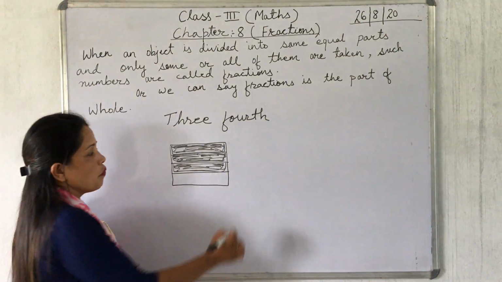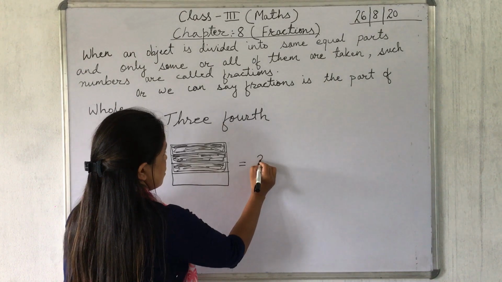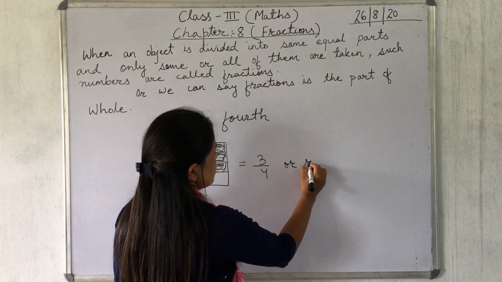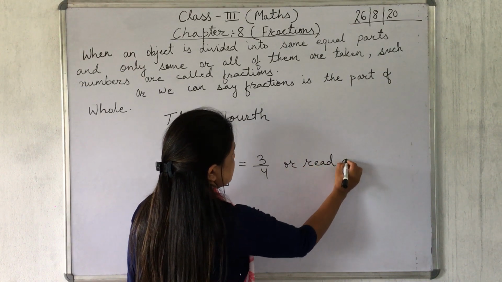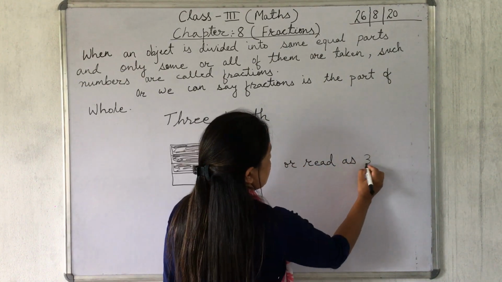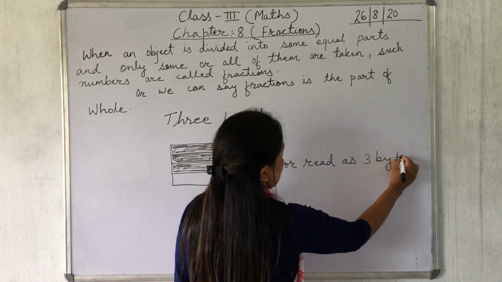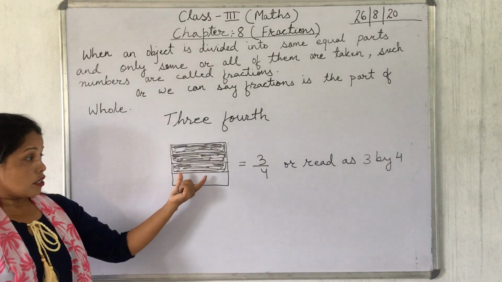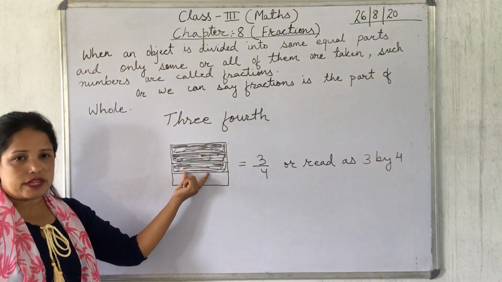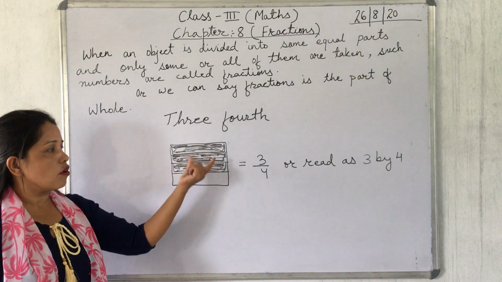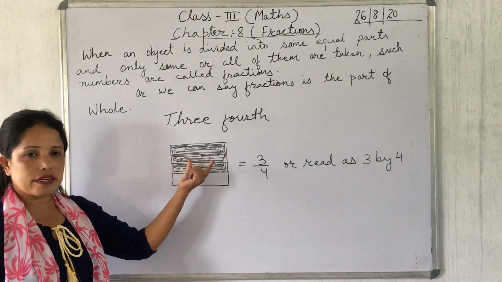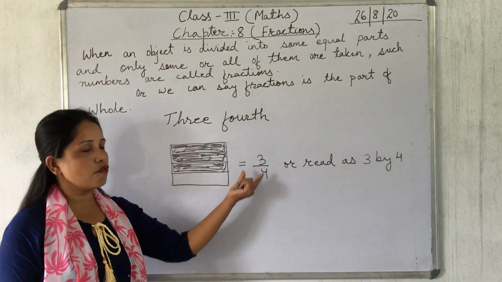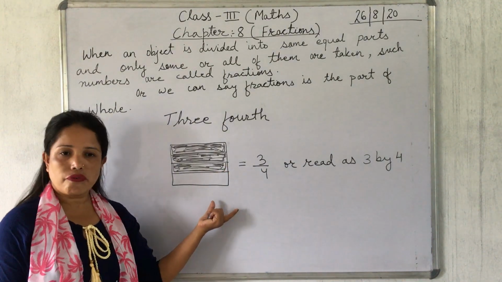We can write it as 3 by 4, or read it as 3 by 4. 3 parts are shaded, or 3 equal parts are taken. This is called 3/4, a fraction of this figure.